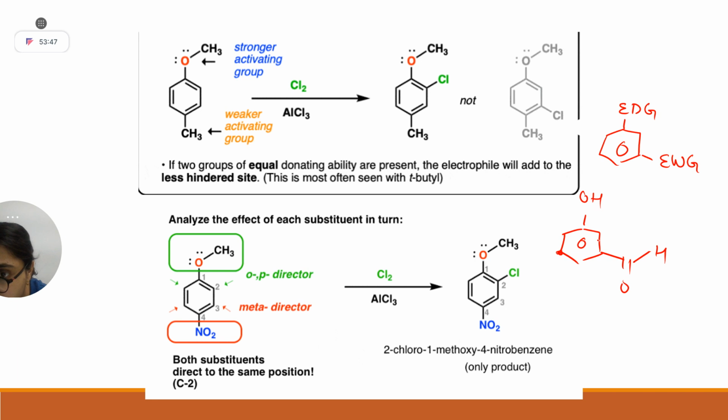But this OH will activate this position 1 or 2. And it can activate the fourth also. So in this case, whom would you listen to? OH or CHO? OH. Why?